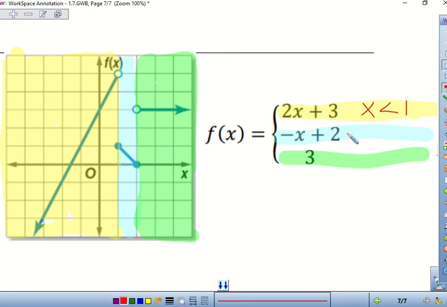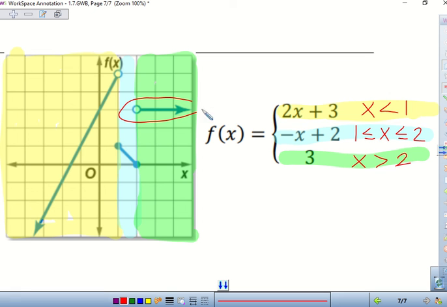Now as for the middle one, it is bound between what two x values? 1 and 2. And why did I use an equal sign under both inequalities here? Both circles are closed. And then what's the last one going to be? X is greater than 2. Strictly greater because it's an open circle.